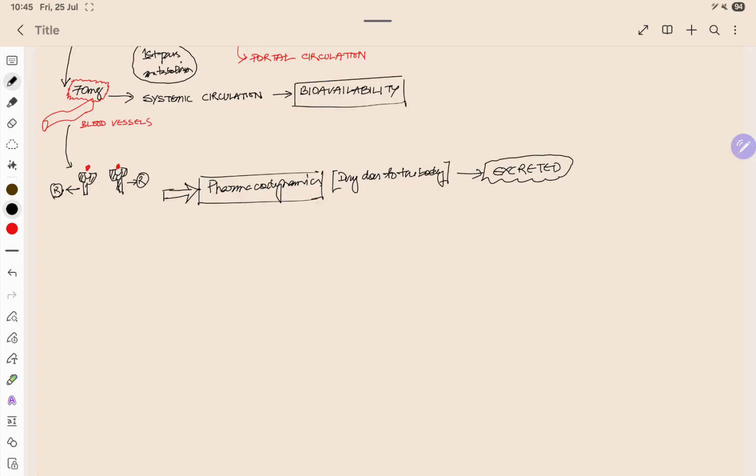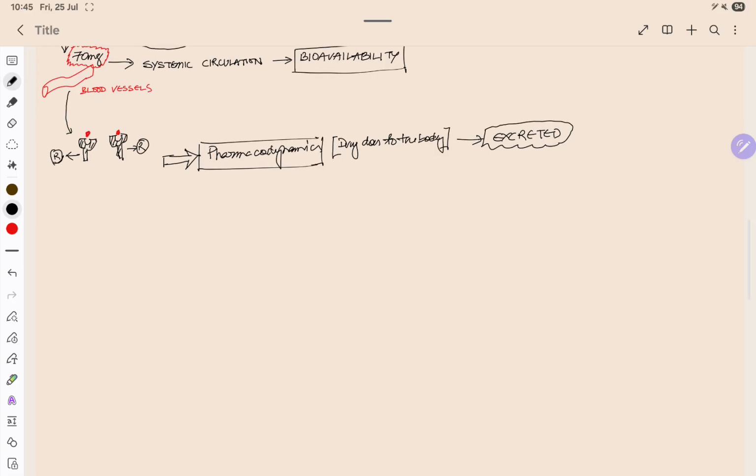And to prepare this drug for excretion, we have to make something to something soluble. Now, this something to something soluble is the next important topic.